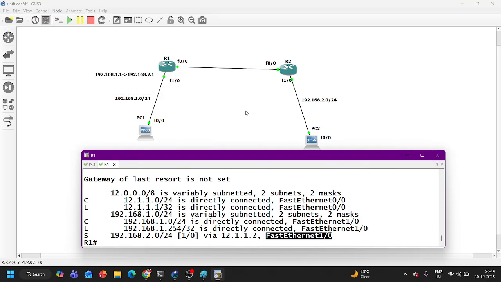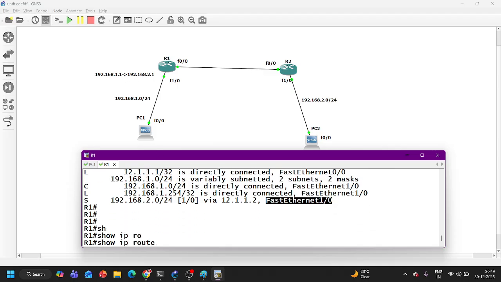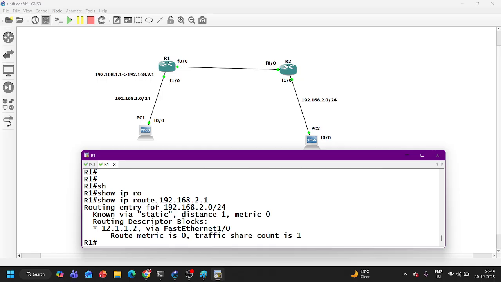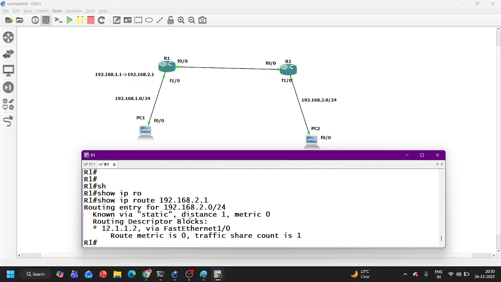Router 1 will perform decapsulation at layer 2, then at layer 3 it will check the destination IP address and compare it with the routing table. So show IP route 192.168.2.1, and it will get to know, okay, this IP address is reachable through this subnet. There is one match in my routing table. Sometimes you will see two matches as well.